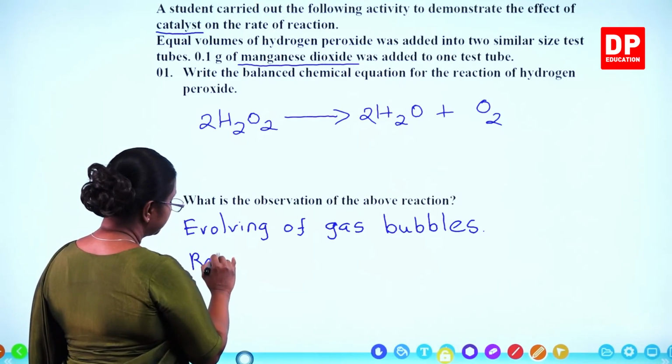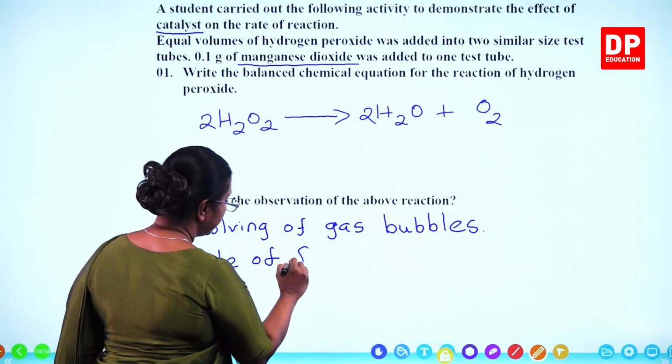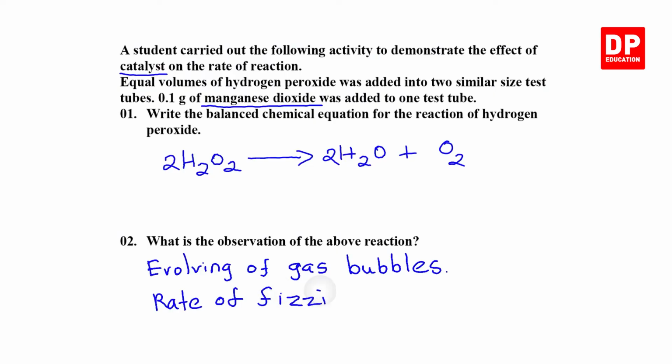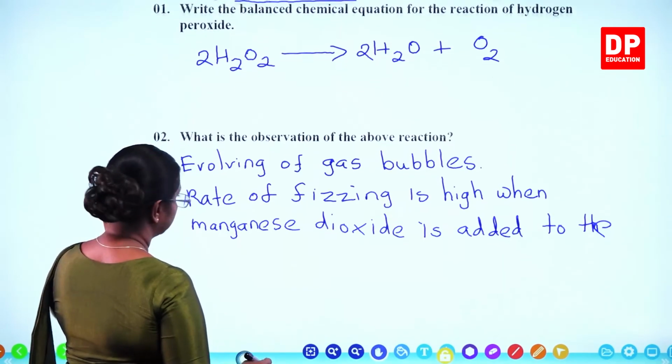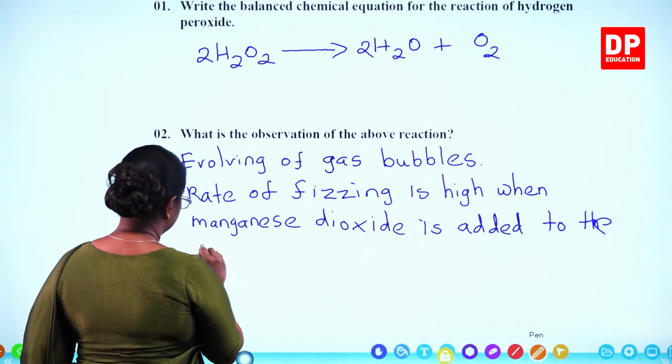So that also has to be mentioned. Rate of fizzing is high when manganese dioxide is added to the test tube.